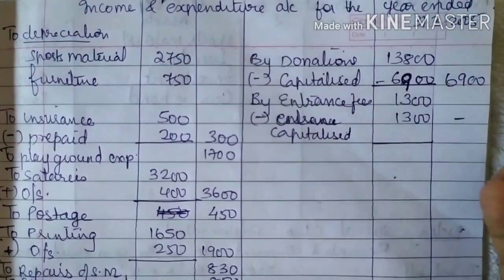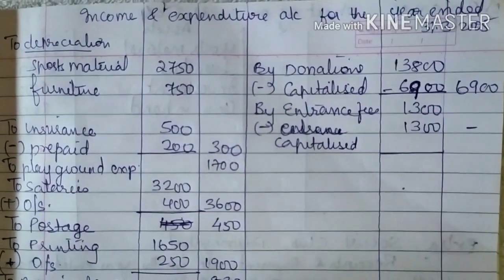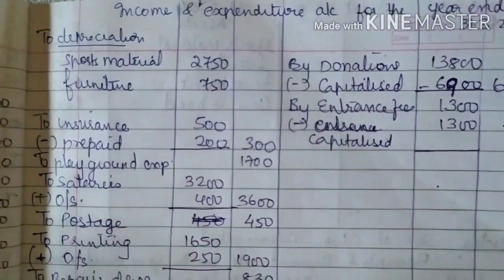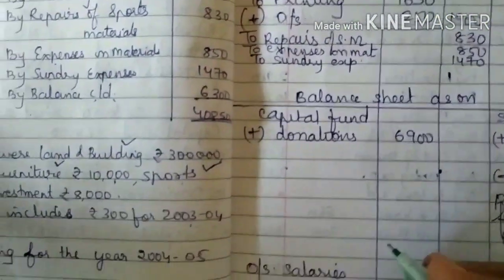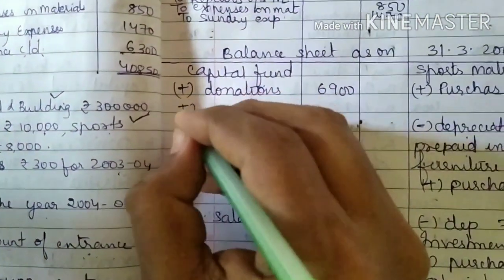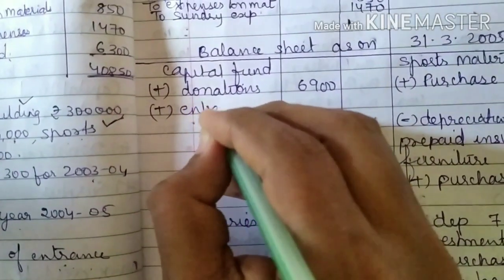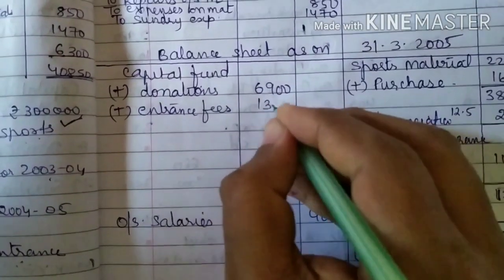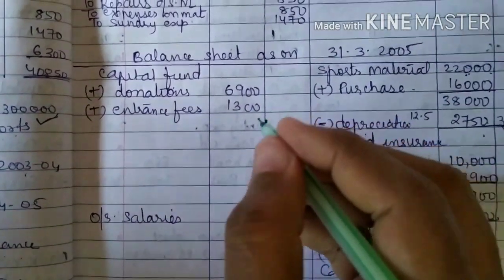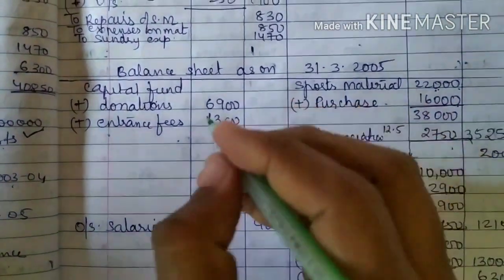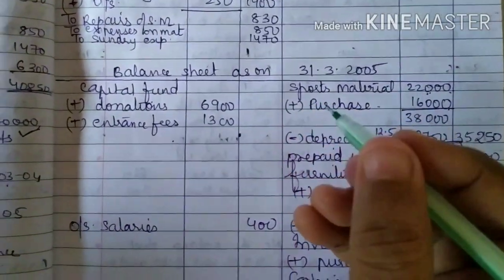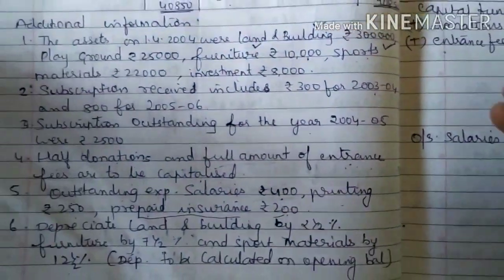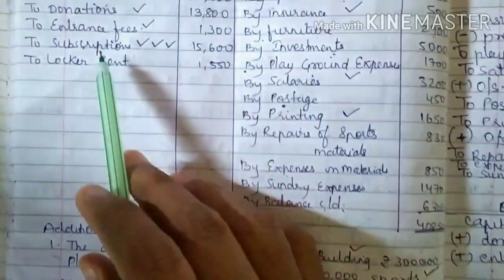Outer column nil amount. Second effect you will add to capital fund, which is 1,300. Then you have subscription.